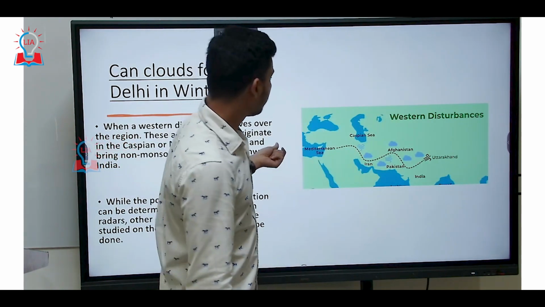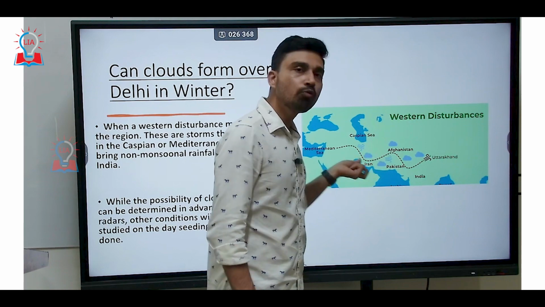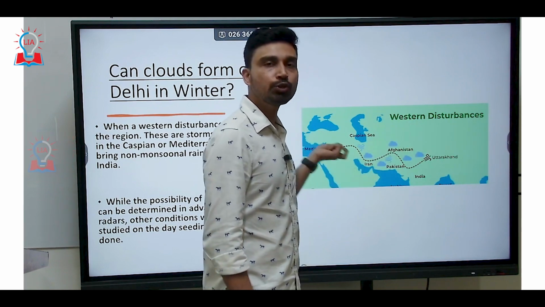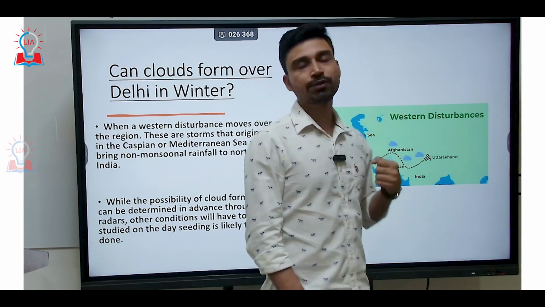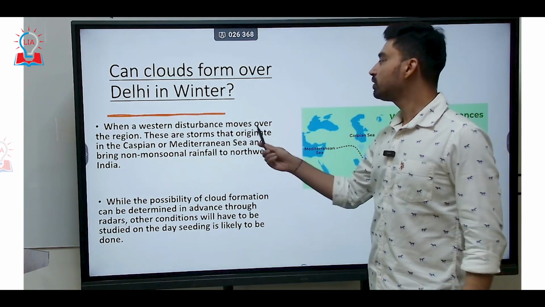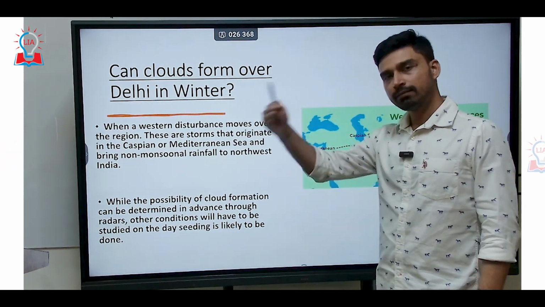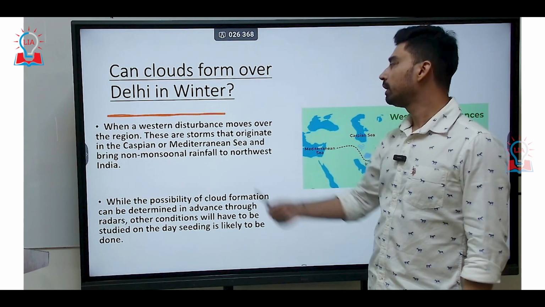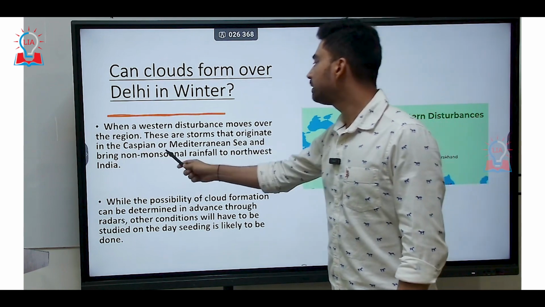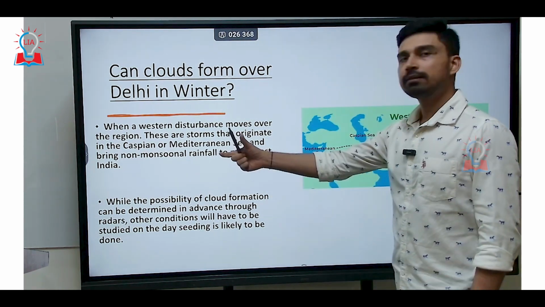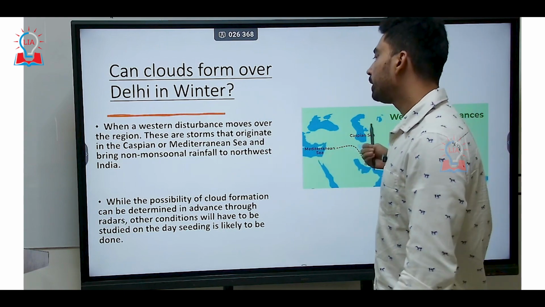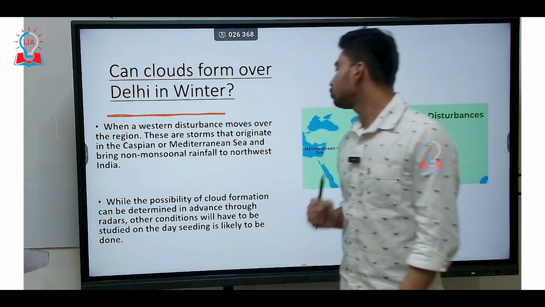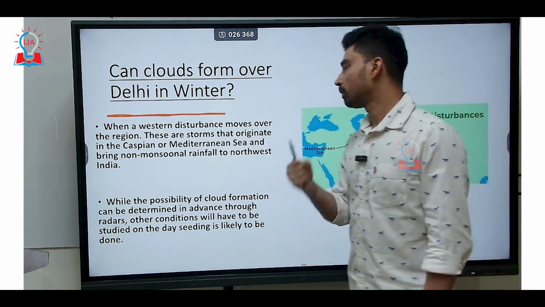Since this movement of wind is from west to east, these are also called western disturbances. When a western disturbance moves over North India around the Himalayas, storms that originate in the Caspian or Mediterranean Sea are brought to India, which causes non-monsoonal rainfall in the northwestern part of India.